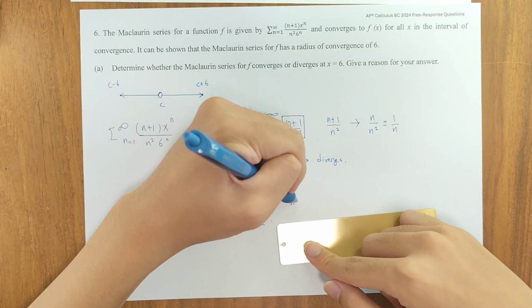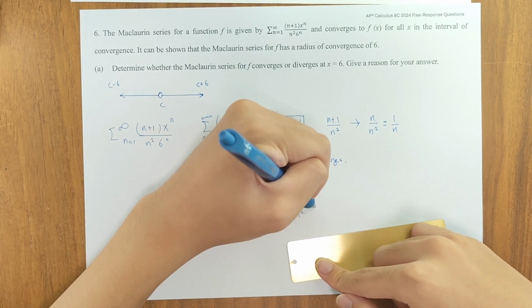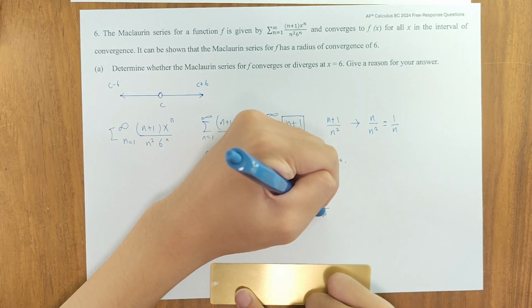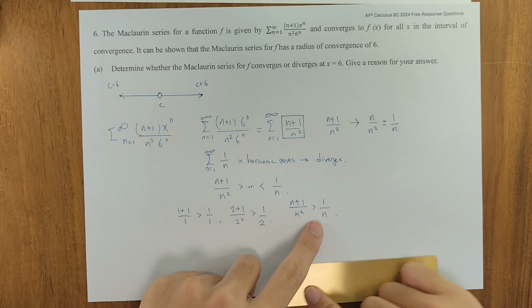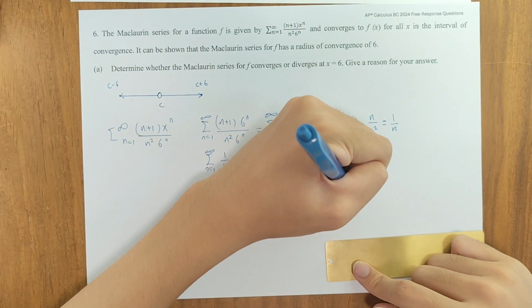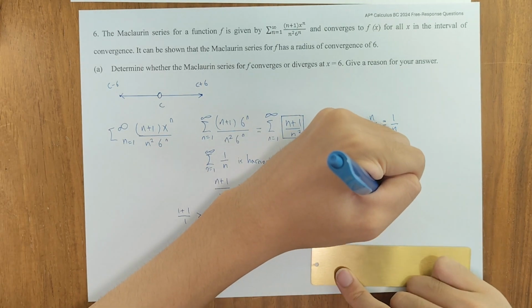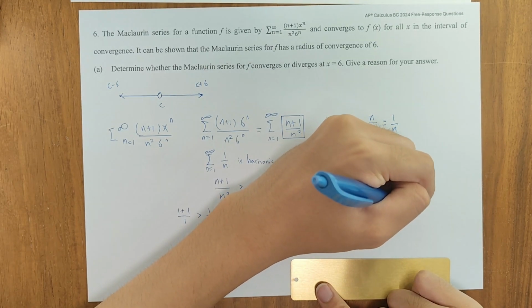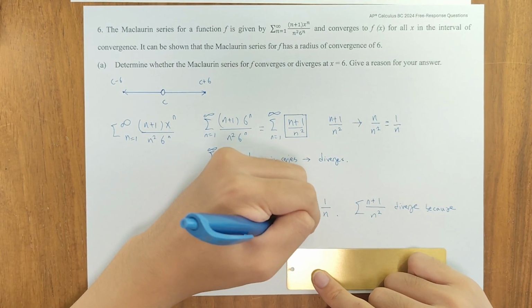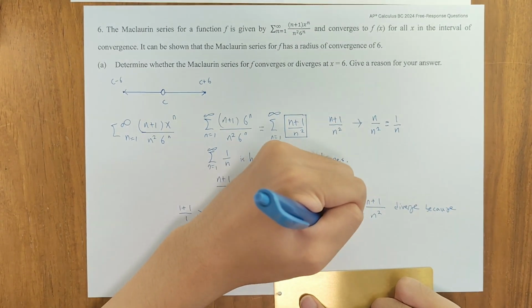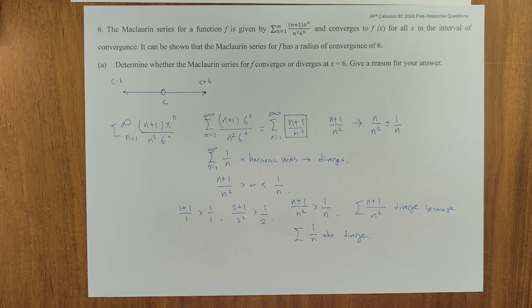So n plus 1 over n squared seems to be larger than 1 over n. Now if n plus 1 over n squared is larger than 1 over n, then the series of n plus 1 over n squared should diverge, because the series of 1 over n also diverges.